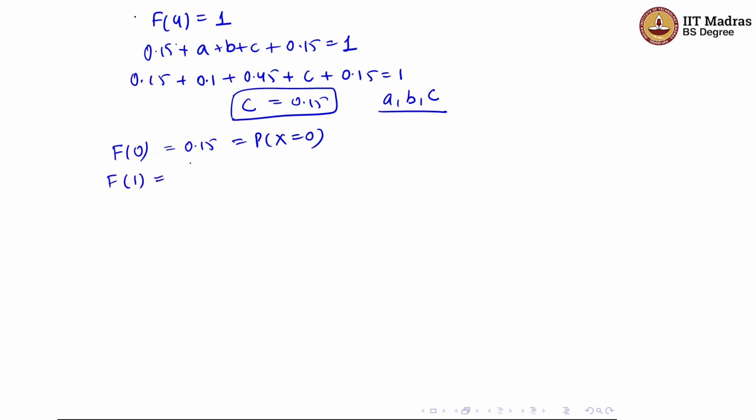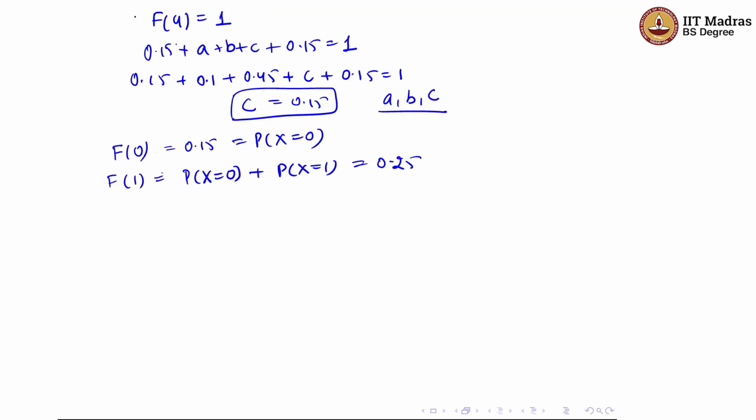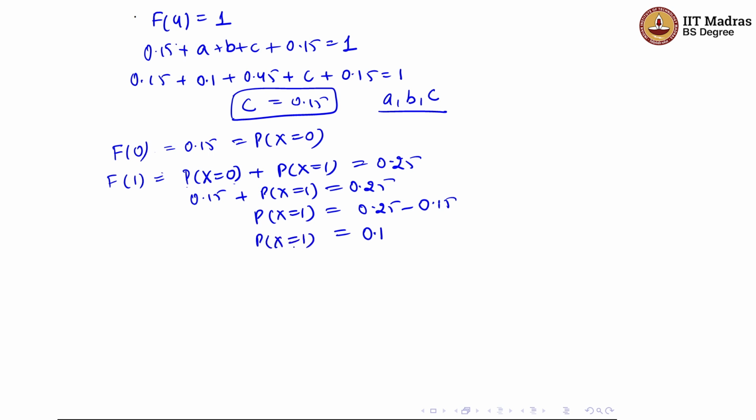Next, F1 is the probability that x equals 0 plus the probability that x equals 1, and this value is 0.25, which is 0.15 plus a. Putting in the probability of x equals 0, which is 0.15, the probability of x equals 1 is 0.25 minus 0.15, which equals 0.1. We have got the probability of x equals 1 and of x equals 0.